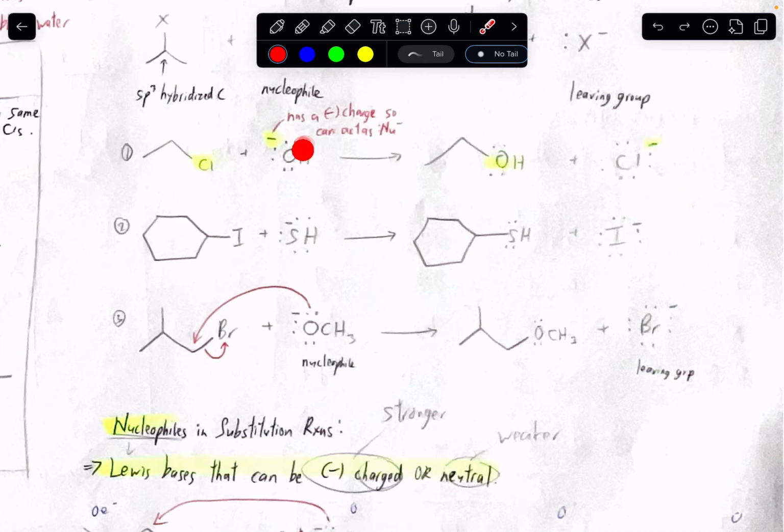We know that this one is the nucleophile. OH, hydroxide, is a strong base. Wait a minute. Are all strong bases nucleophiles? I don't think so. Strong bases could be good nucleophiles.